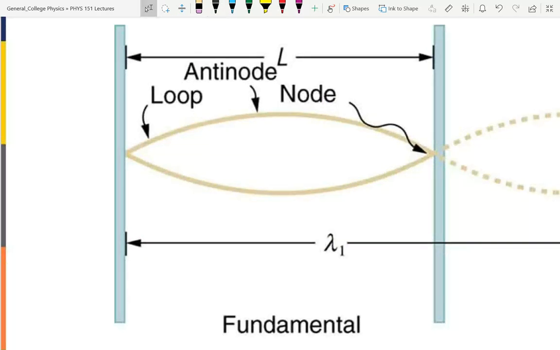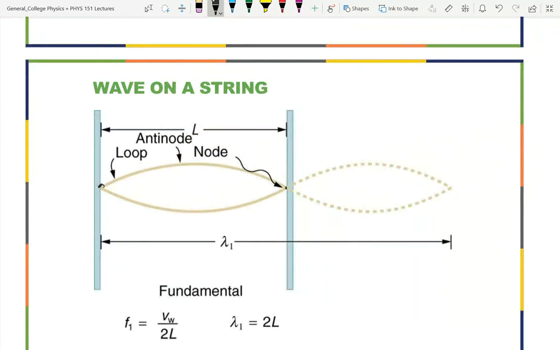So if we set up a standing wave, the shortest distance possible between two nodes, well, the wavelength is going, as you can see, there's one wavelength. And so the distance from node to node is 1/2 a wavelength.